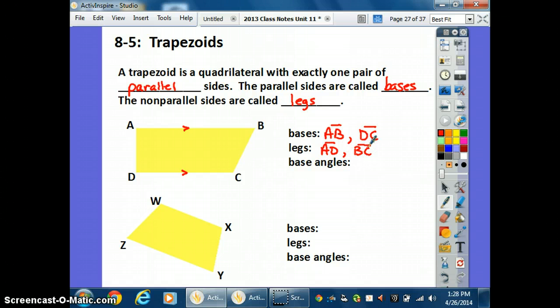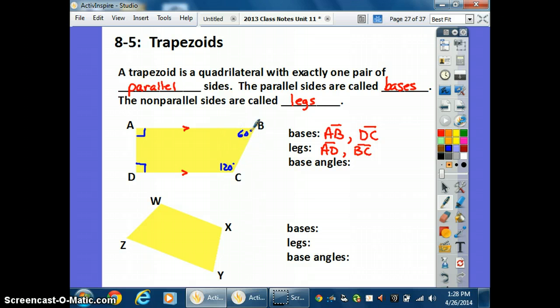And there are 2 pairs of base angles, okay? This is a base angle. Let's say this was 90. We know that, because these lines are parallel, D has to be 90. And then if this angle here is 120, then this angle would have to be 60.